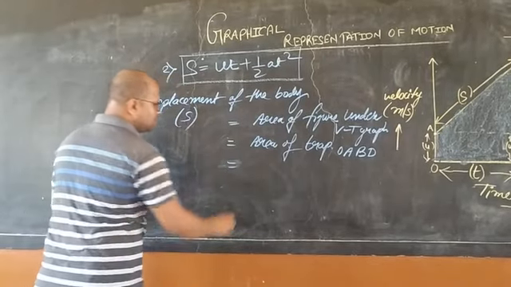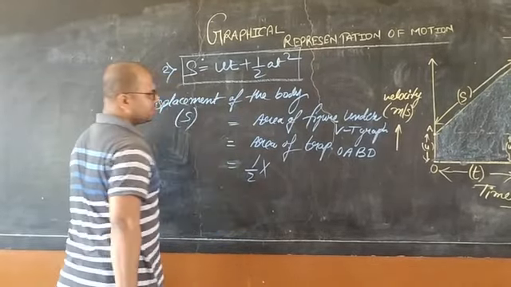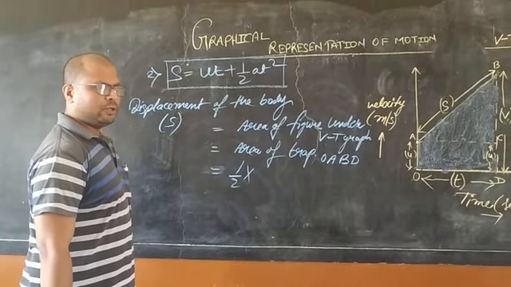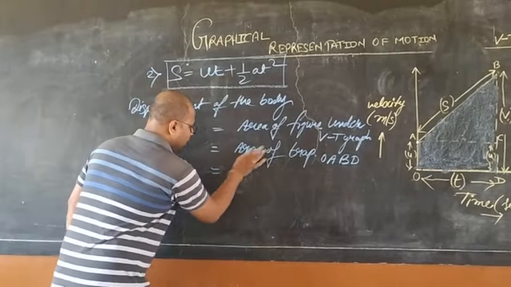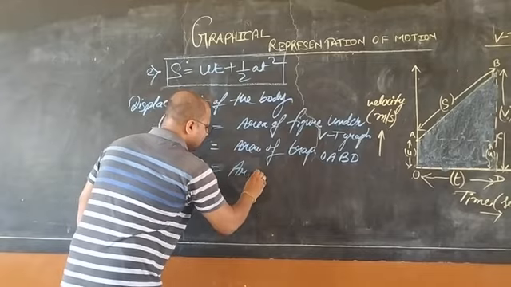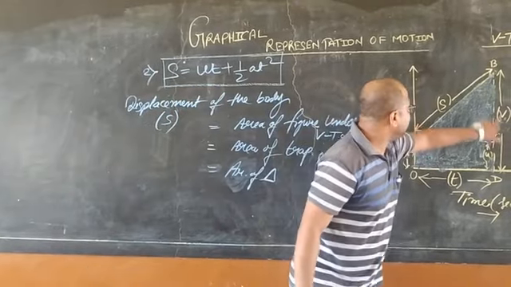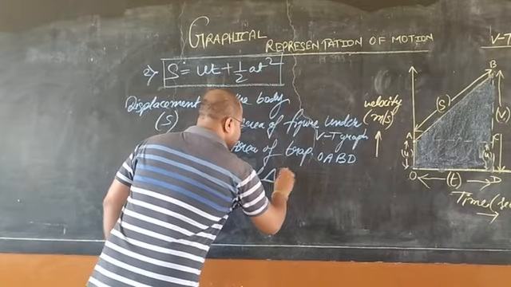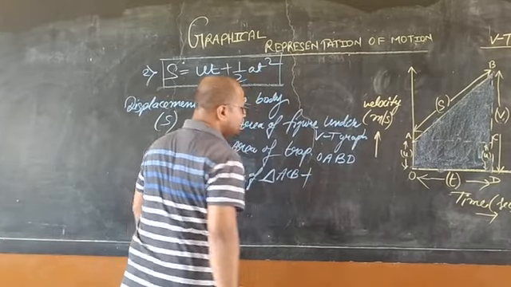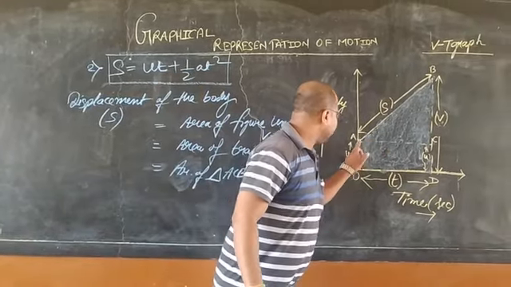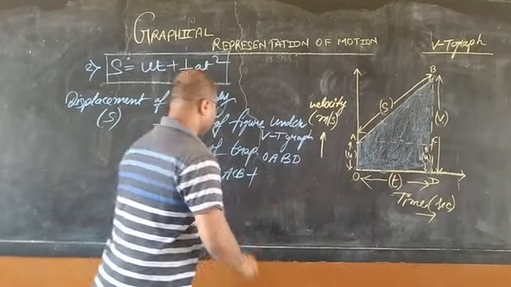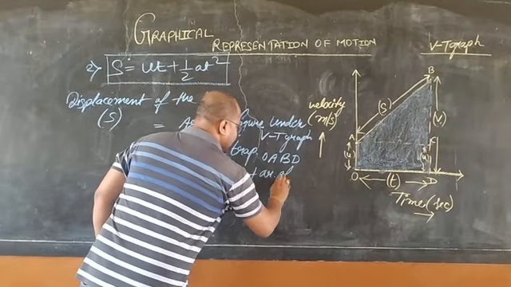Let's find it out. Half into, first of all we will write the area of the triangle. Which triangle is there, student? ACB, plus a rectangle is also there, ACBO. Area of rectangle.